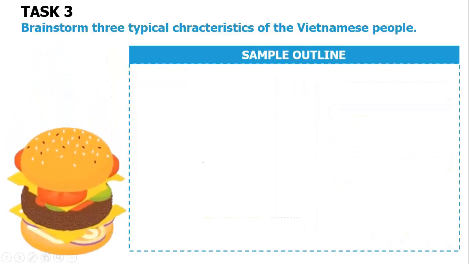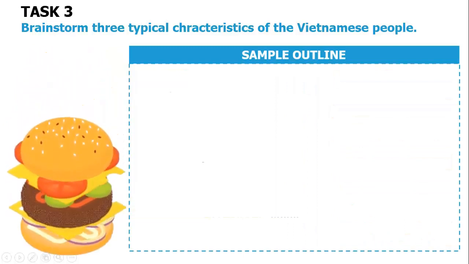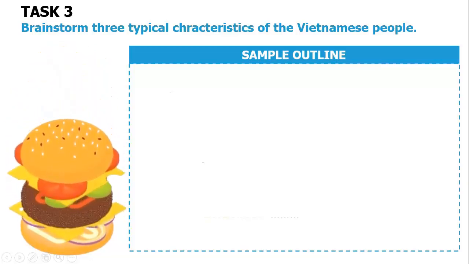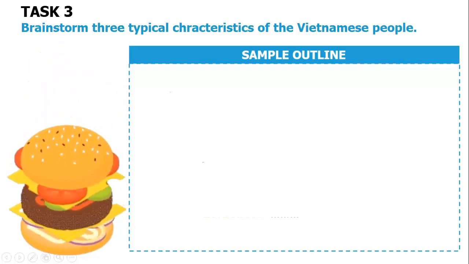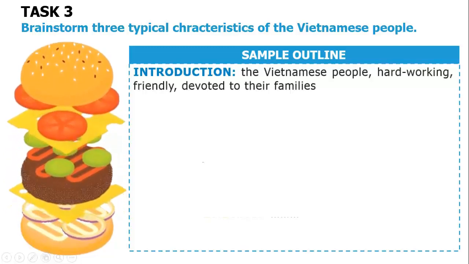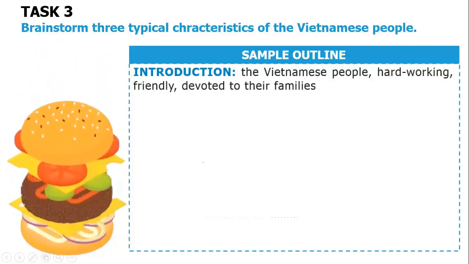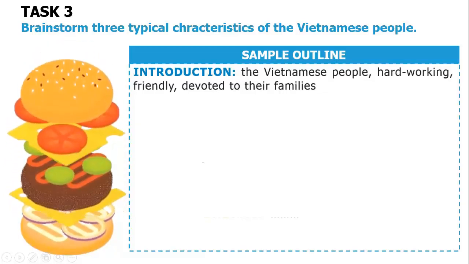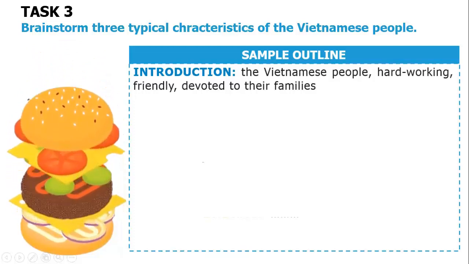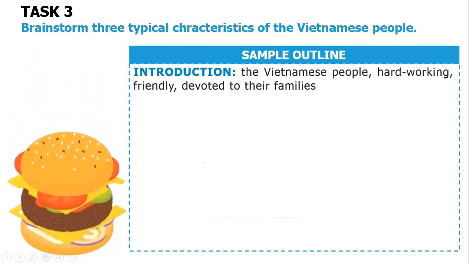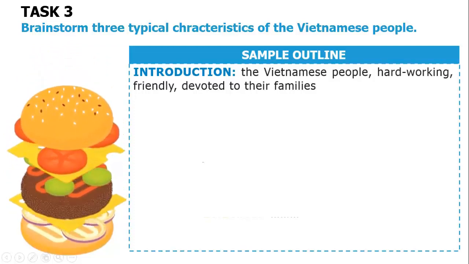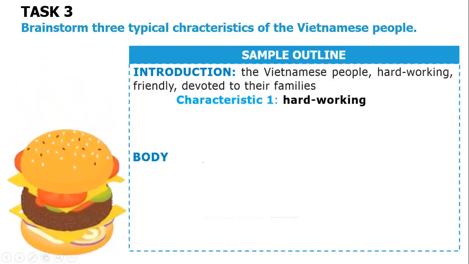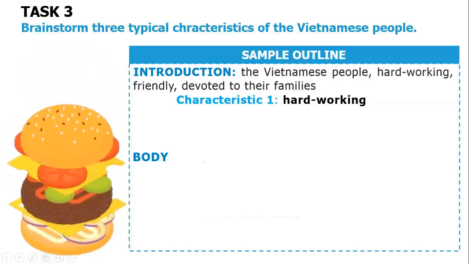I will show you a sample outline for the topic, 3 typical characteristics of the Vietnamese people. In the first part, introduction, we can choose some of the ideas we have brainstormed. For example, I choose hardworking, friendly, and devoted to their families. For the first characteristic, I could state the idea hardworking.